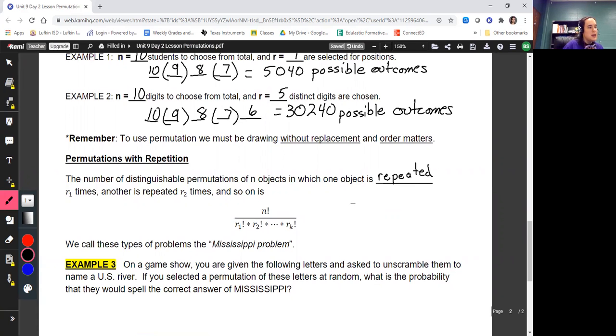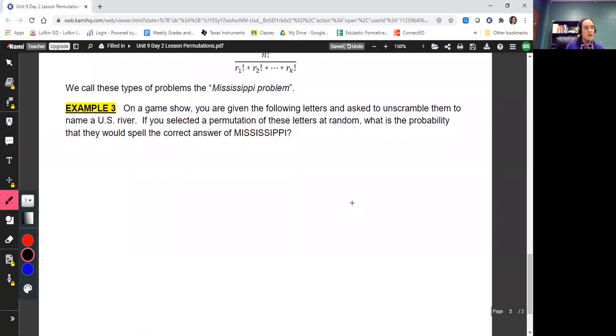On a game show, you are given the following letters and asked to unscramble them to name a U.S. river. If you selected a permutation of these letters at random, what is the probability that they would spell the correct answer of Mississippi? So first off, we need to find n, our total number of letters.